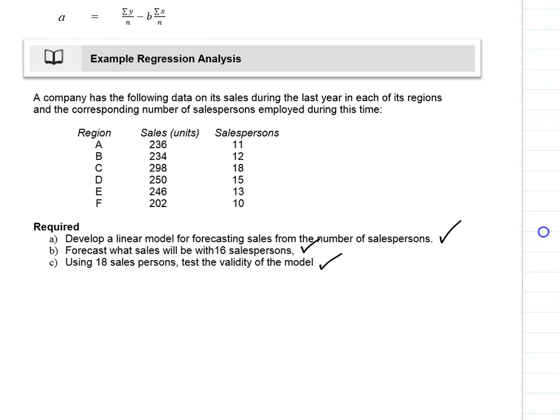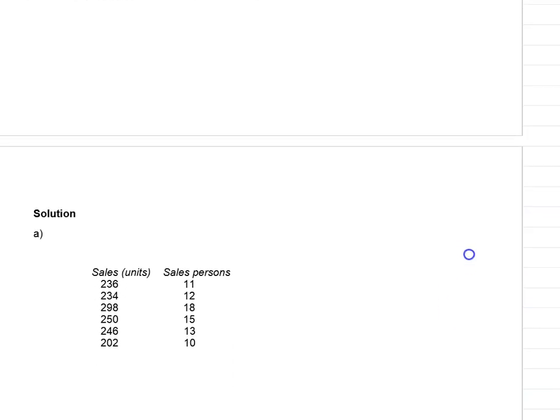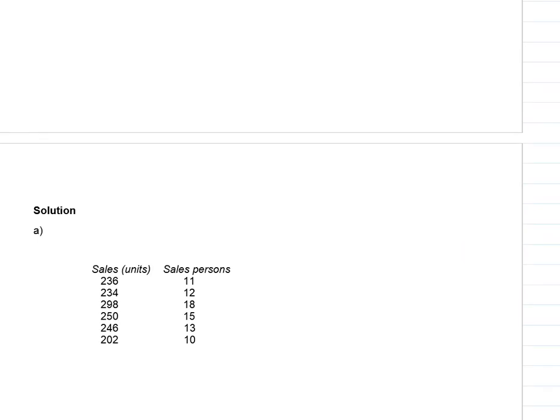So let's start at the beginning with the data we've been given. We've been given number of units of sales and the number of salespersons. The first thing we have to decide is what is going to be X and what is going to be Y. Y is the dependent variable. It's dependent on X. X is the independent variable.